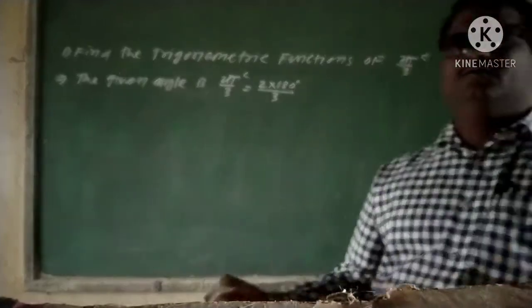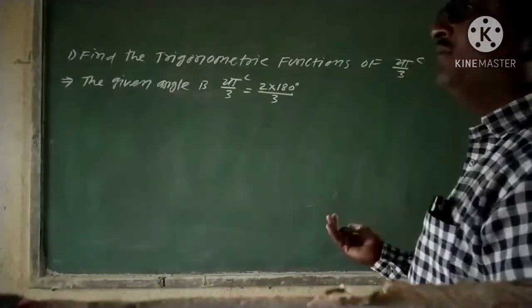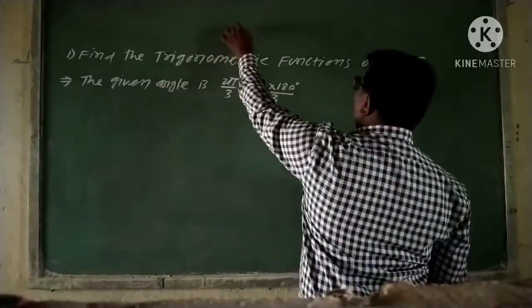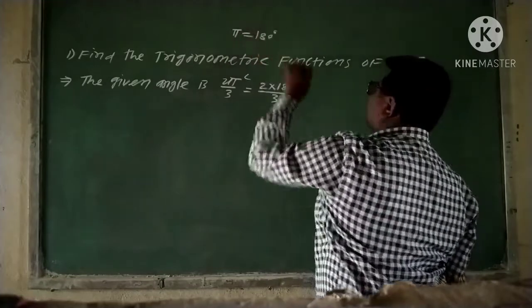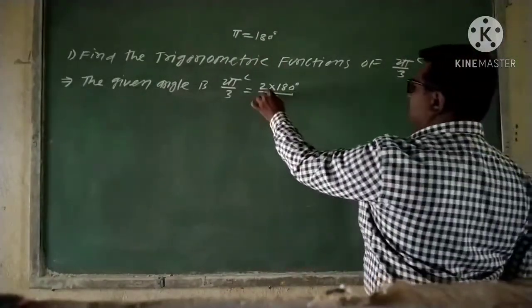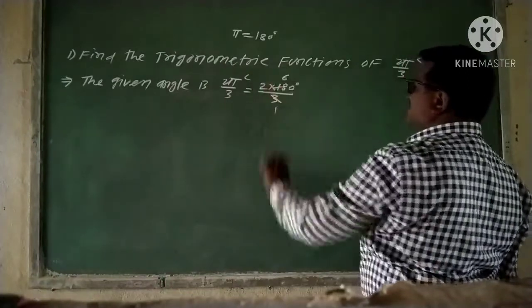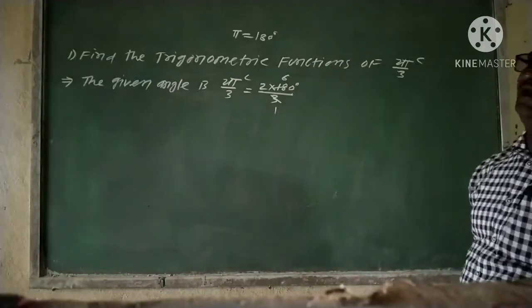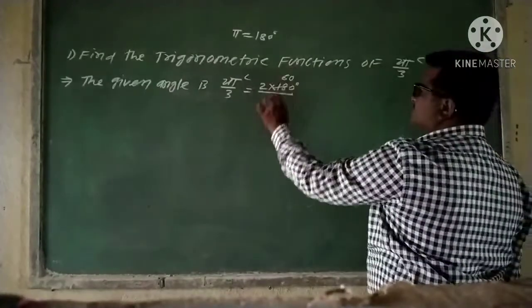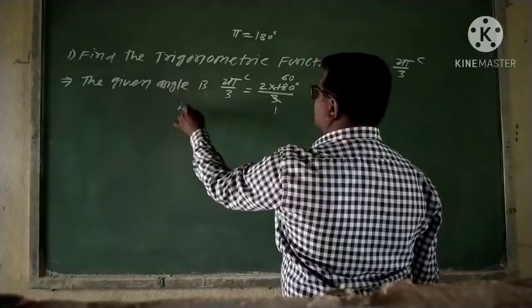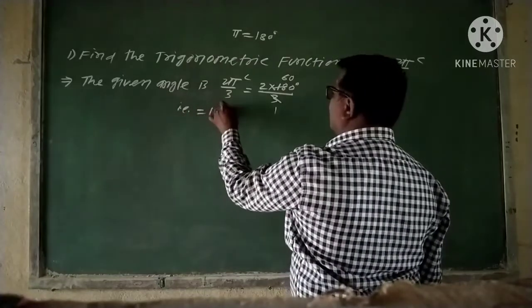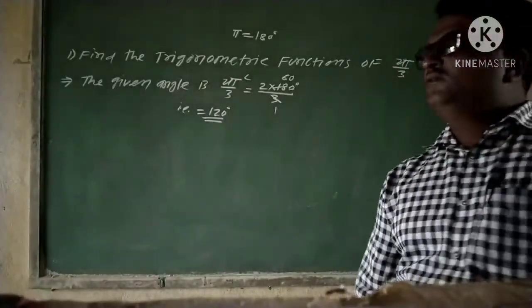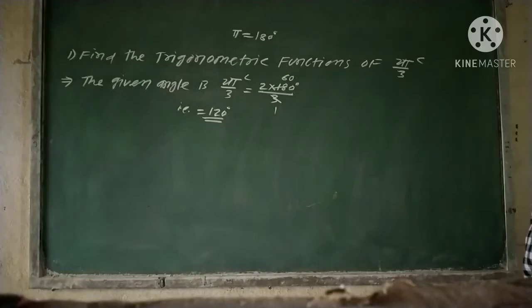To convert radian into degree, we put the value of pi equal to 180 degrees. Dividing 180 by 3 gives 60, so this angle is equal to 120 degrees. Means 2 pi divided by 3 radian is equal to 120 degrees.